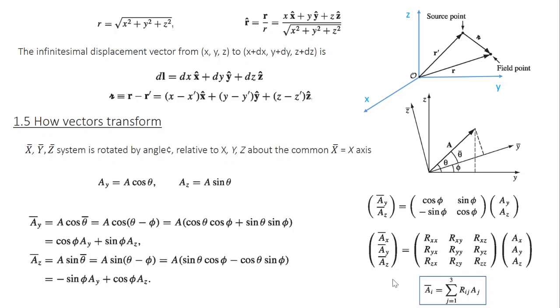So this is how you transform vectors when you switch from one coordinate system to another coordinate system. And if you understand this, this is going to save you a lot of time while doing vector mathematics. So that's for today. In the next class, we are going to discuss differential calculus of vectors. Thank you.